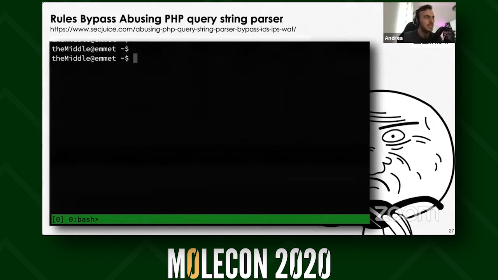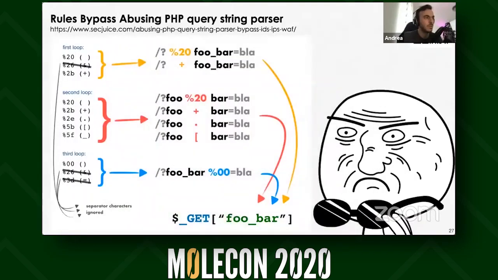As you can see, you can use white space or the plus character at the beginning of the argument name. You can replace the underscore with a white space, with a plus character, with a dot, or with a left square bracket. And finally, you can use a null character at the end of the argument name. In all these cases, PHP converts the argument name to the same variable name, foo_bar.